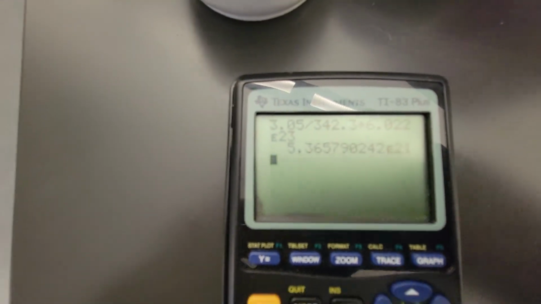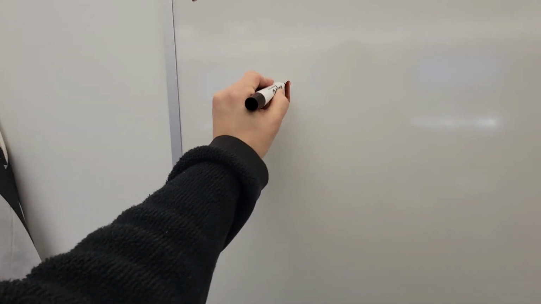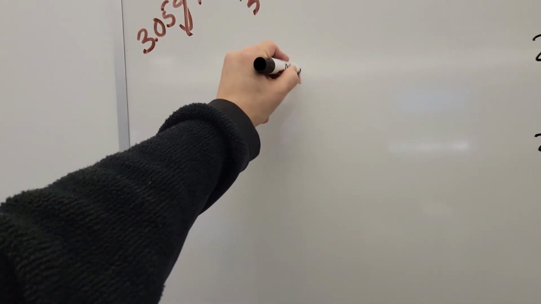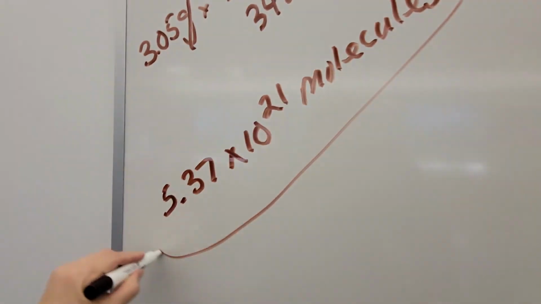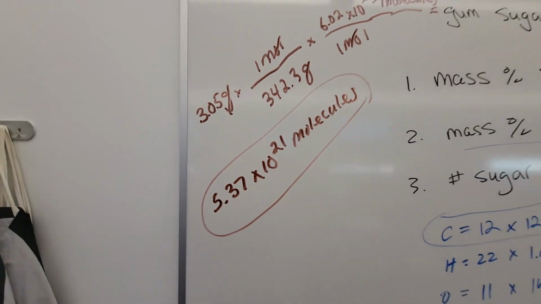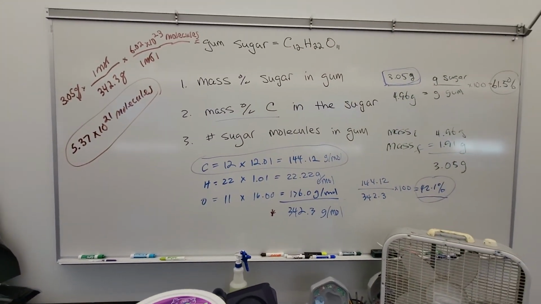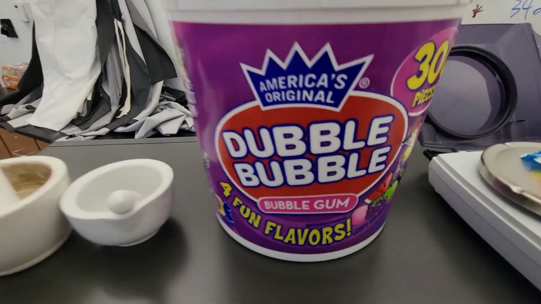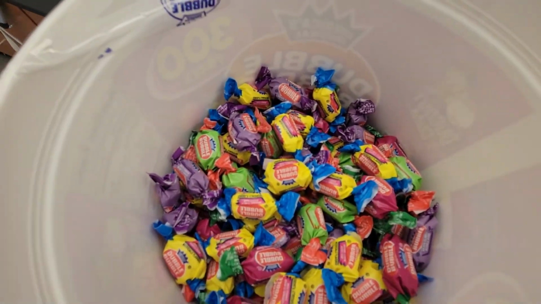So if we run the 3 sig figs, 5.37. So that's how many sugar molecules are in a piece of some of these gums, assuming they're all the same size.